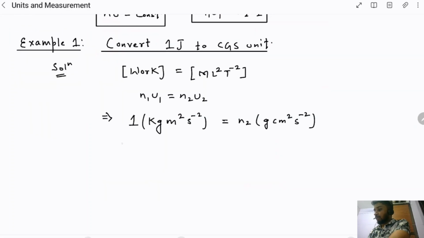Now from here the next step is that n2 can be written as kg by gram into meter by centimeter whole square into second by second whole to the power minus 2.